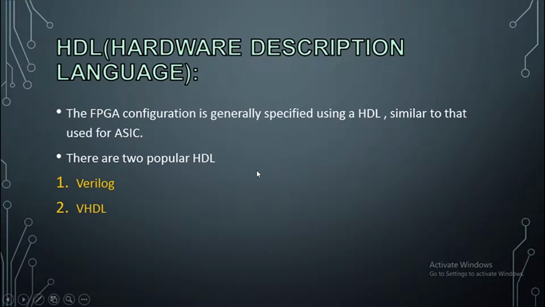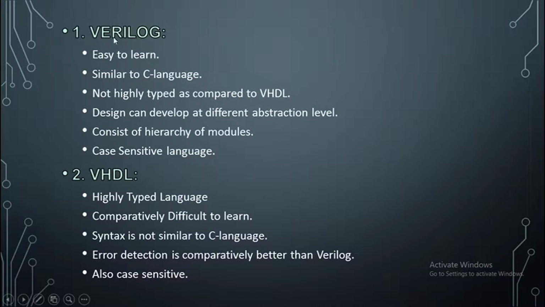So if you are going to program an FPGA, you need to learn an HDL to program it. There are two popular types of hardware description language: one is called Verilog, and the other is called VHDL.